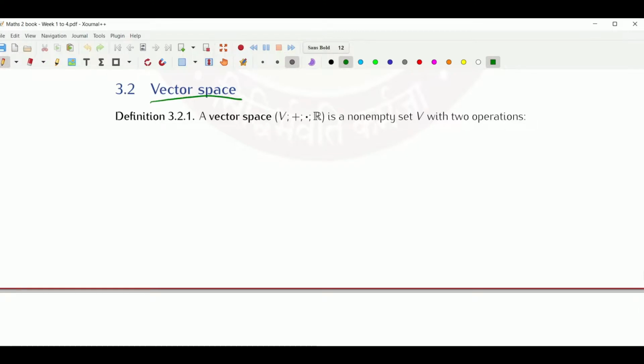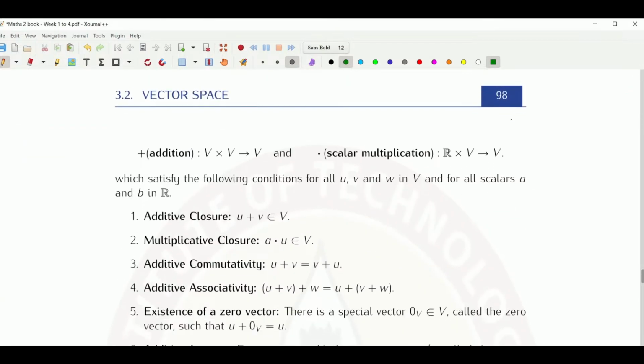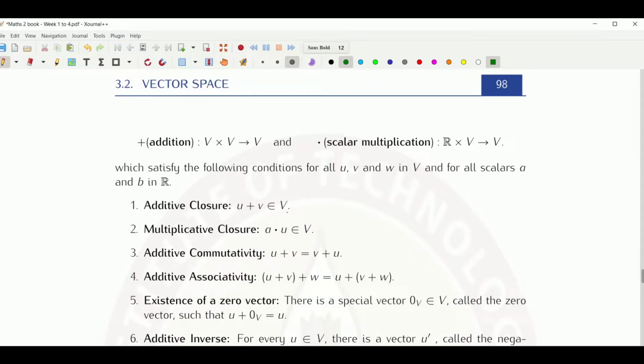Vector space. A vector space V, plus and dot over R, is a non-empty set V with two operations: addition and scalar multiplication.